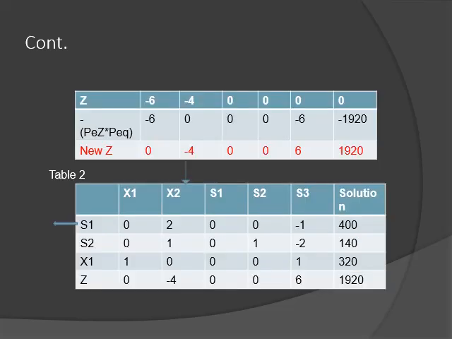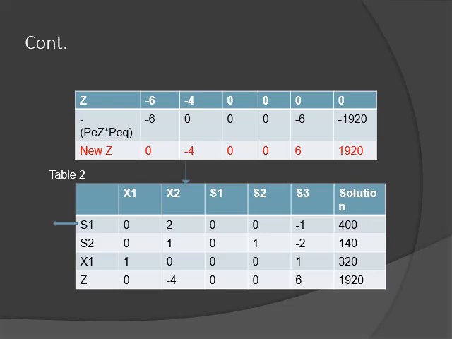The process of reformulation of the non-basic variables S1, S2 and Z gives us table 2, the secondary table. This of course is a process of iteration of the solution.